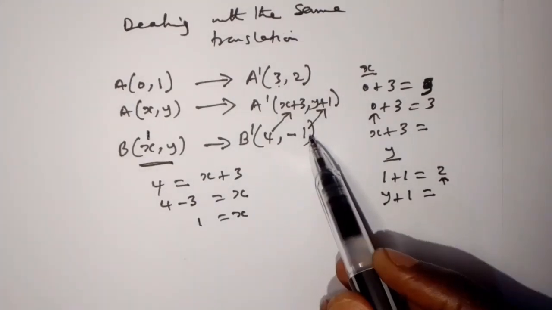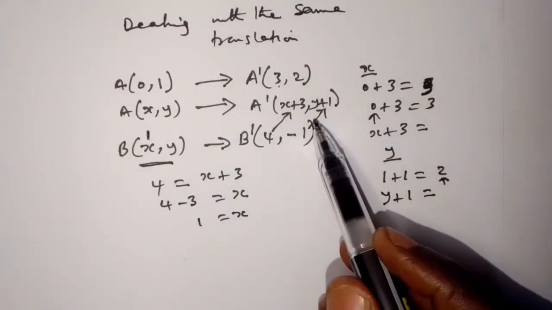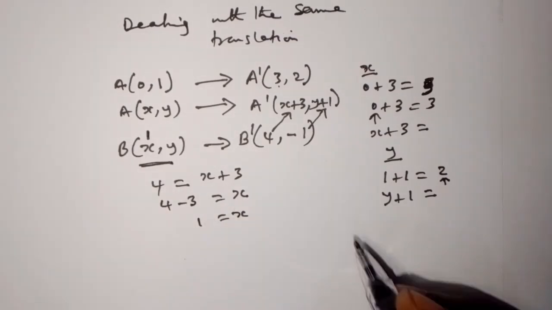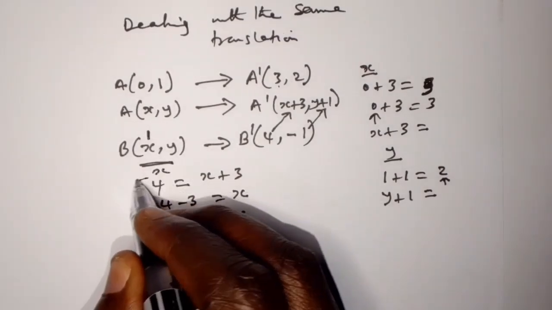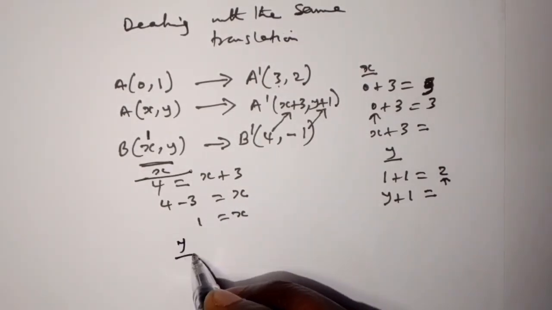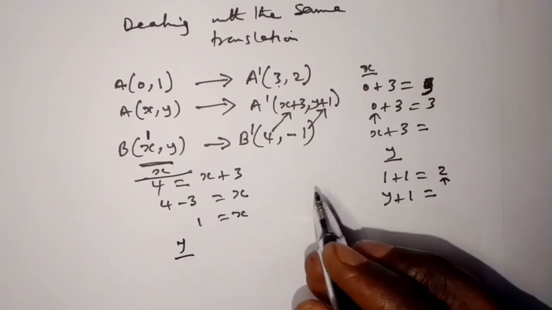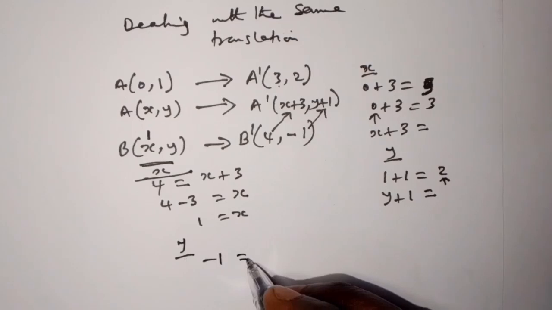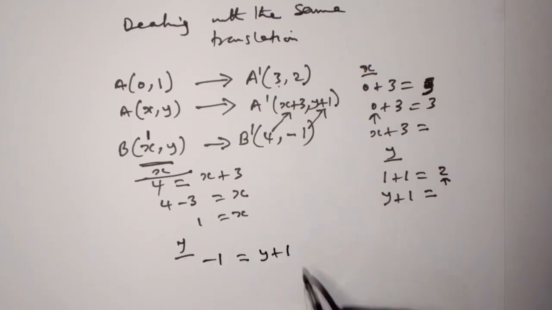Then now we equate negative 1 is equal to y plus 1. That is for y; this was for x. Now this one for y. Negative 1 is equal to y plus 1.